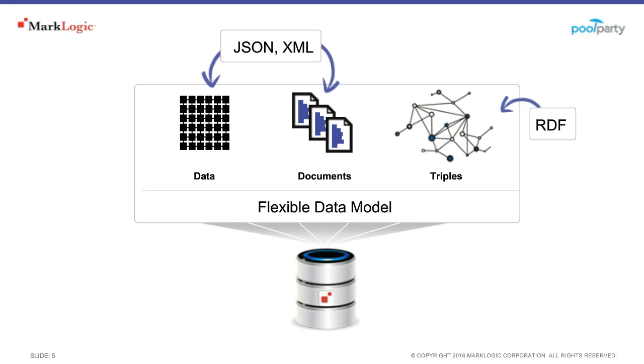And you can store data, documents, and triples alongside each other, and you can also intertwingle them. That is, you can mingle triples in documents. You can annotate triples by using document features. So MarkLogic has an entirely flexible data model, allowing you to handle data, documents, and triples all together.